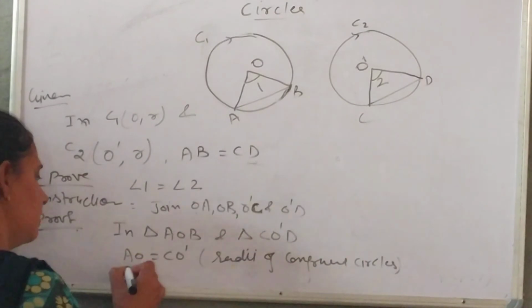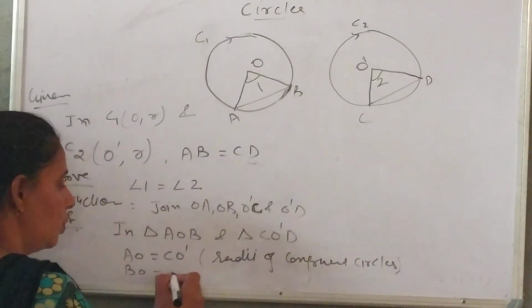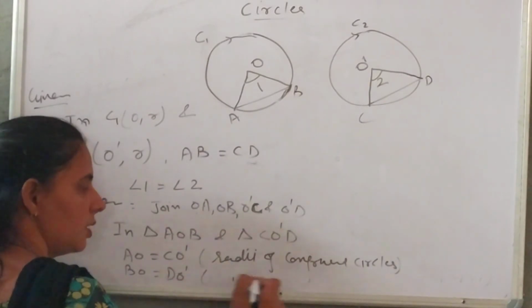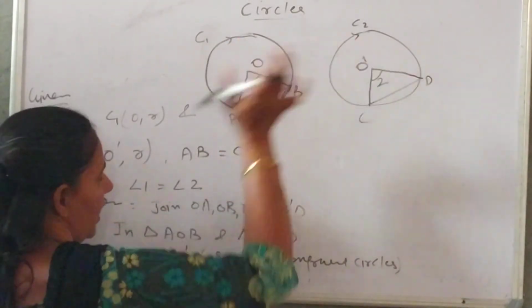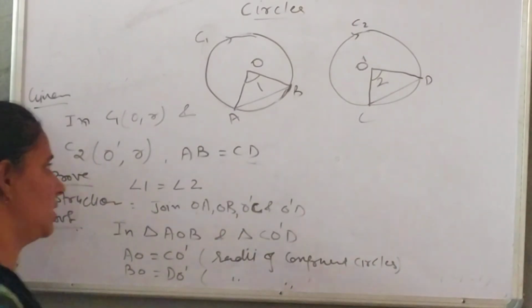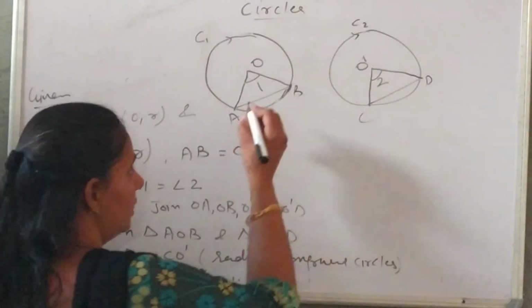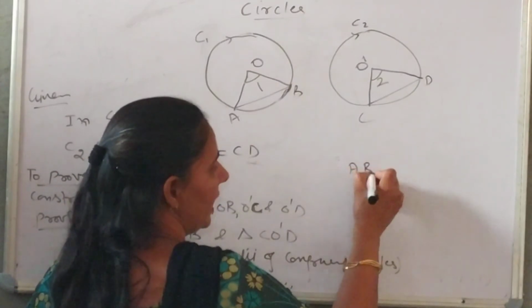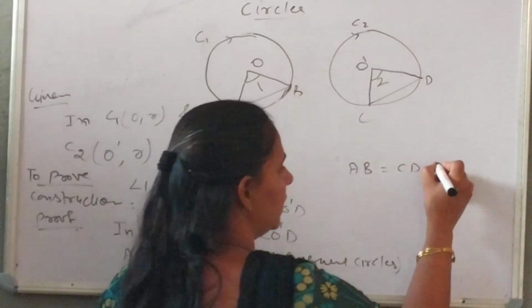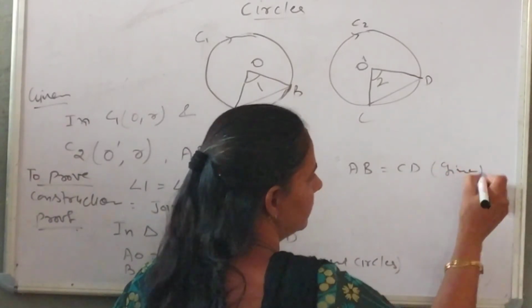Next, we can say BO is equal to DO dash. Same reason, OB and O dash D are radii of congruent circles. So these are equal. And third is chord AB is equal to chord CD. This is given.